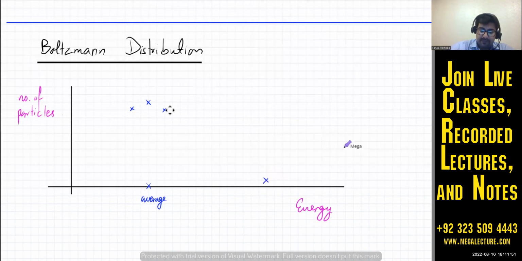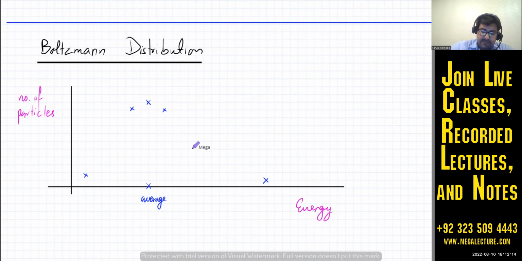Height is the number of particles. Some of them would have very low energy as well, but the number of particles having very low energy is going to be very small as well. So most of the particles will have energy close to the average energy. At average energy you'll find the maximum number of particles. At very high energy, very few particles. At very low energy, very few particles.